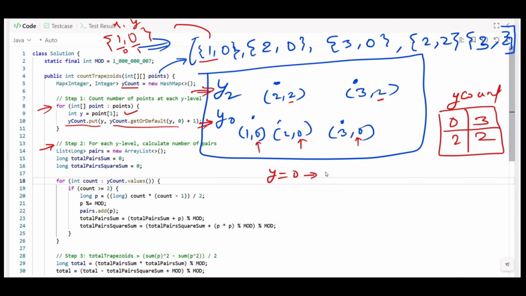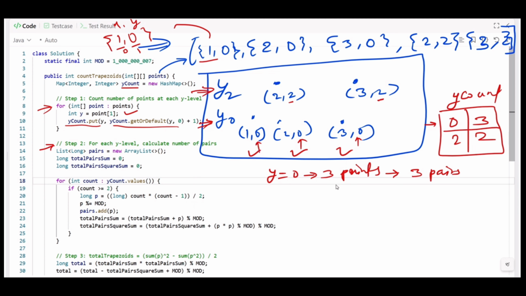We have seen that here, right? So when y equal to 0, we got 3 points, which means how many pairs do we have? 3 pairs we have. What are the pairs? These are the pairs we have. Understood?